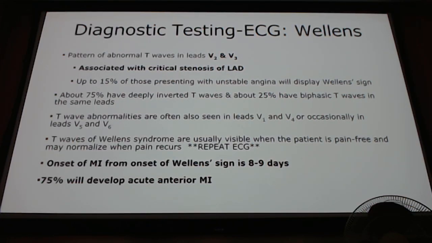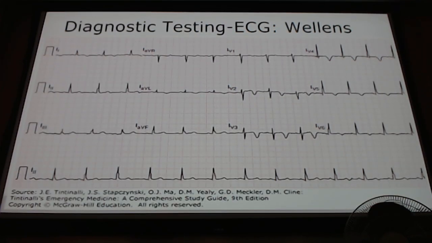This correlates pretty well with critical stenosis of the left anterior descending over the next 30 days. So these are patients we don't consider a STEMI, but it's something we need to deal with right now. So we will call the cardiologist for these, and it's something we need to identify on those EKGs. So what do we see on here?